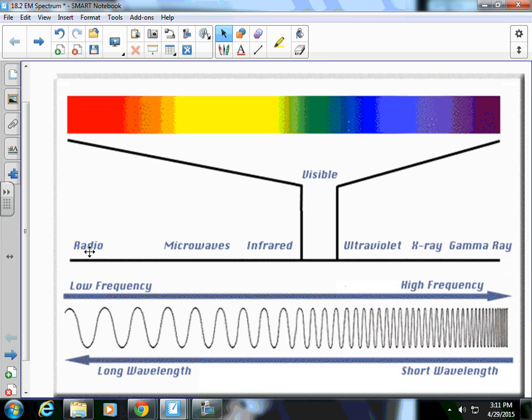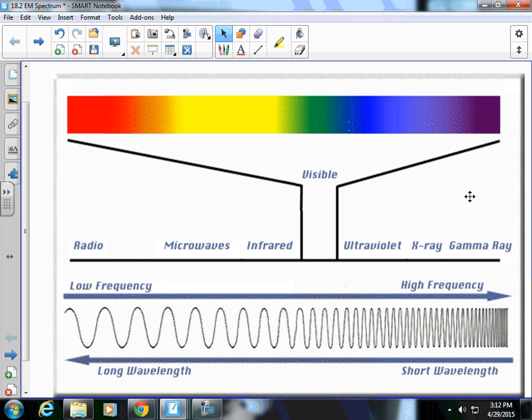You're going to have radio, microwave, infrared, visible. Visible light is the light that you can see. Those are colors: red, orange, yellow, green, blue, indigo, and violet. And then on the other side, we have ultraviolet, X-rays, and gamma rays. All 7 of these have practical purposes in our society, but they are all waves.